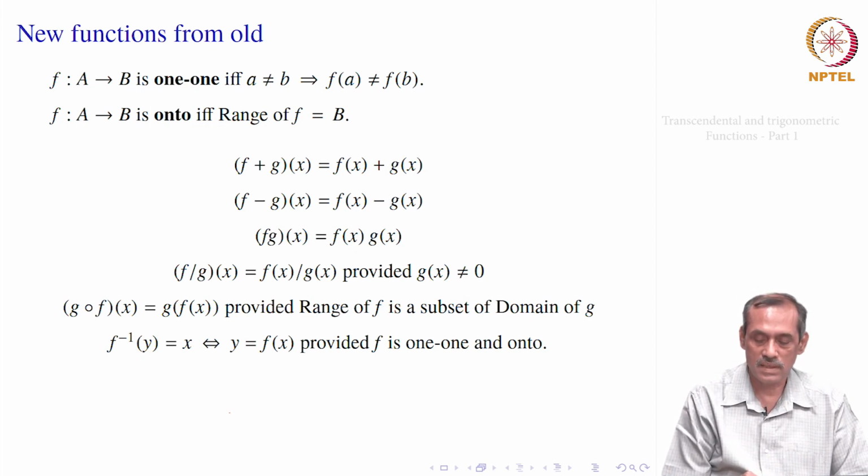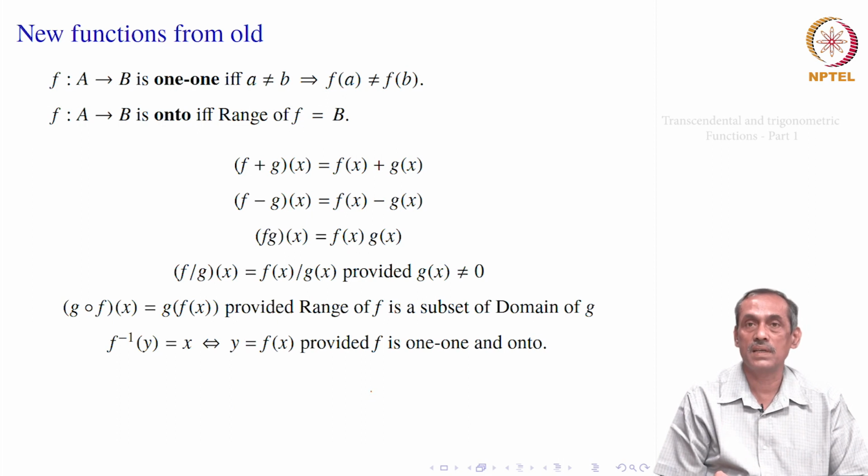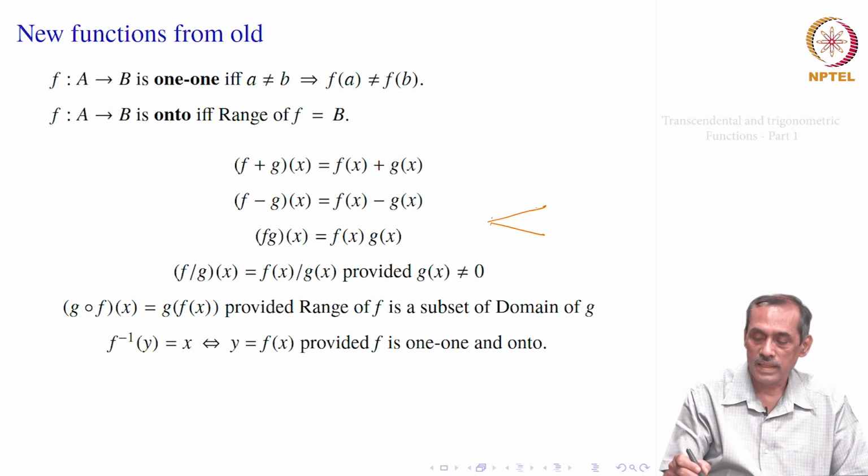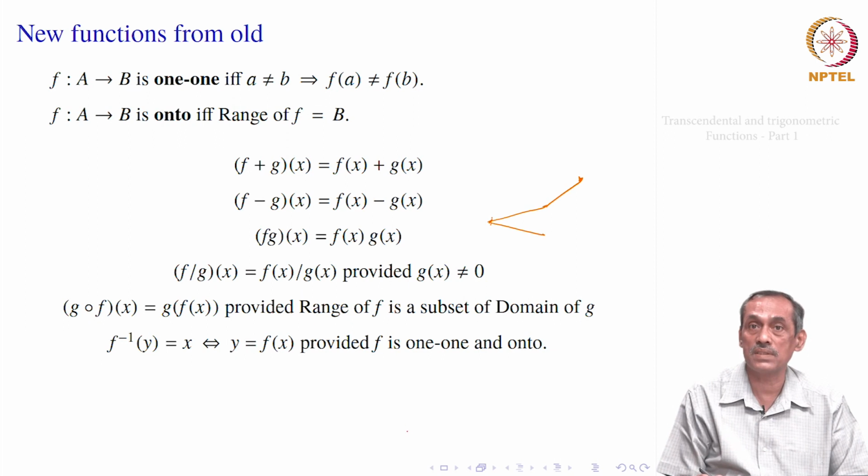So, in that case, it is required that f has to be 1-1, f has to be onto, because if you go from x to f of x, then g acts here, and it becomes the identity function, these two are the same. So, when you come back from the other side, that should be defined as a function.